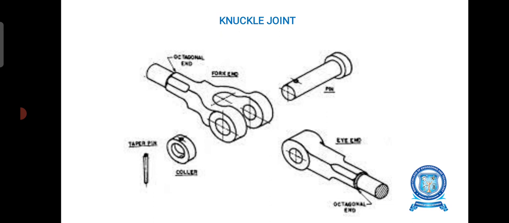This is a knuckle joint. Here we have five parts: taper pin, collar, fork, eye, and pin. The fork and eye have octagonal ends.